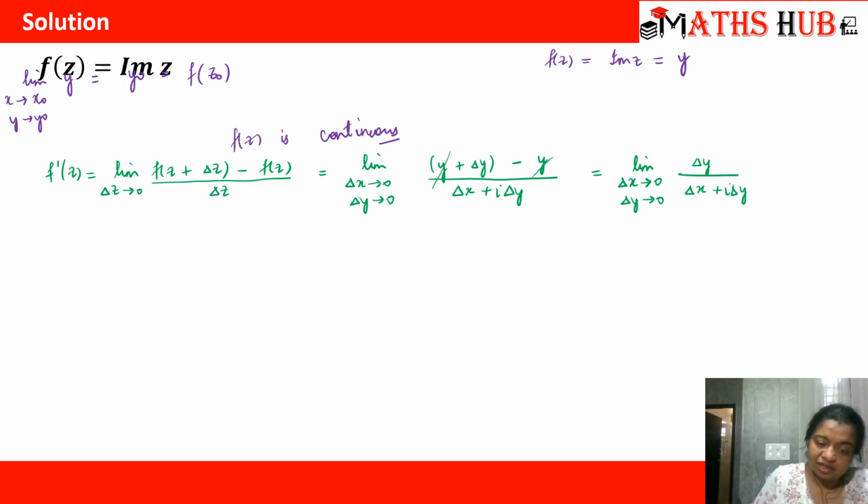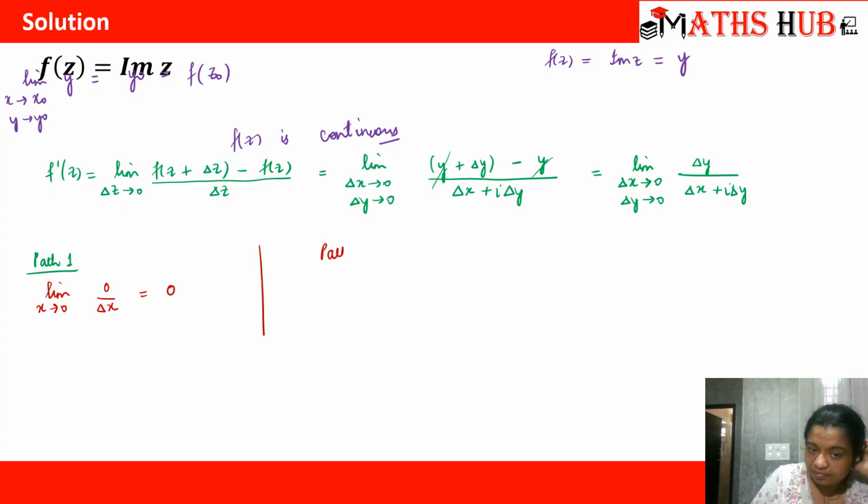Now let us check the limit value along the first path. When first y approaches 0 and then x approaches 0, right? So let us put y approaches 0, so you will get 0 by delta x, so that will turn out to be 0.